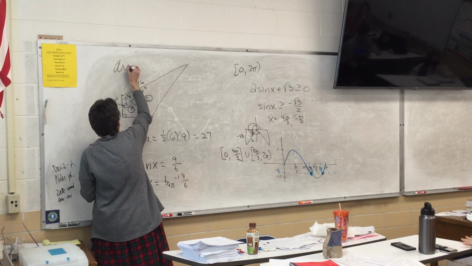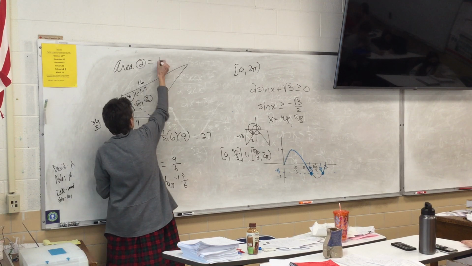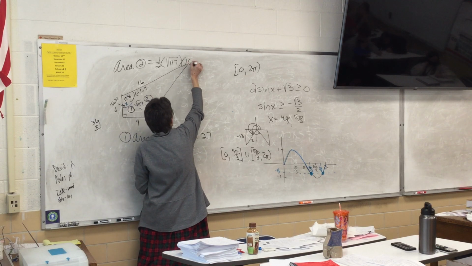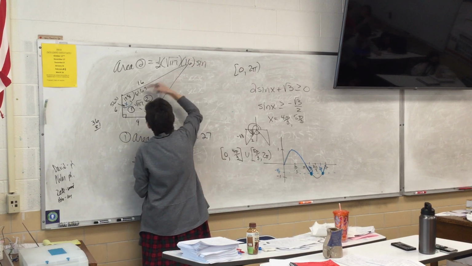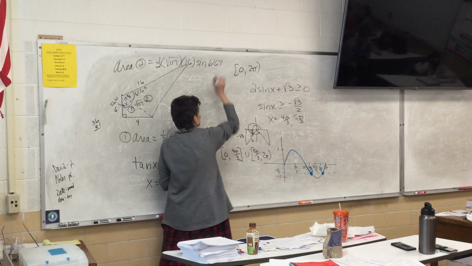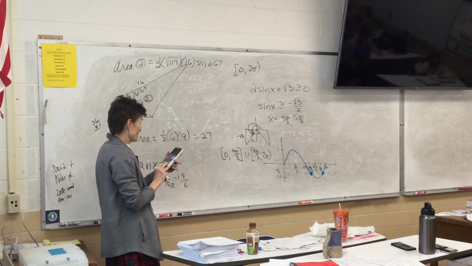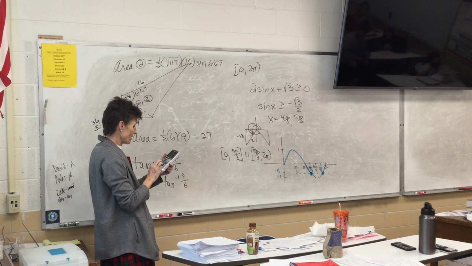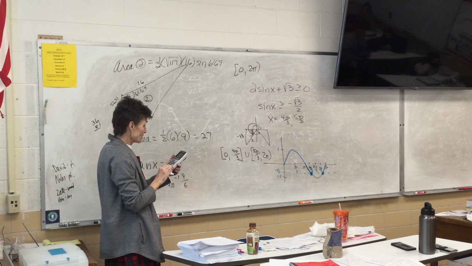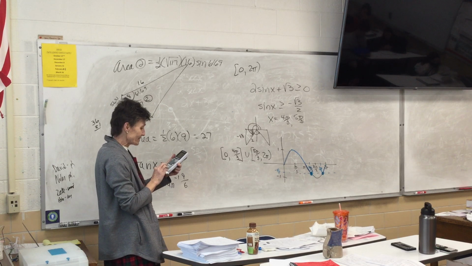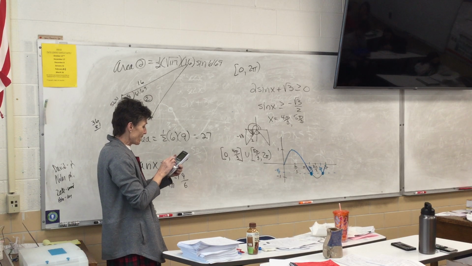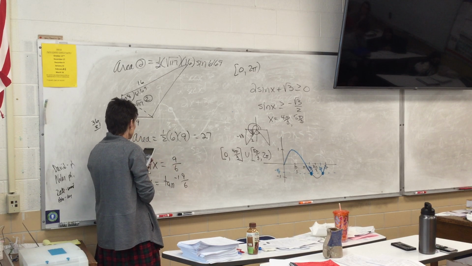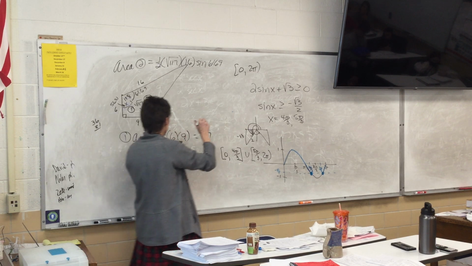So the area of triangle 2 is going to be 1/2 square root of 117 times 16 times the sine of the angle I just found. So 1/2 times the square root of 117 times 16, regular 16, times the sine of second answer. I got 76.18.